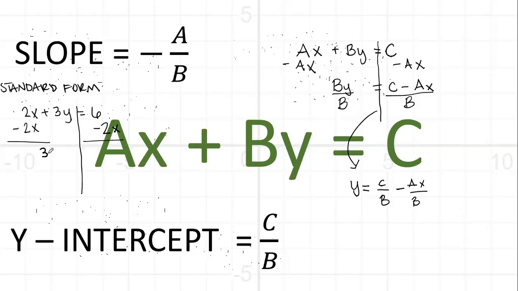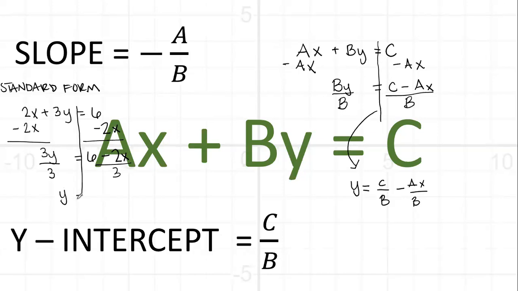That's gonna give me 3y equals 6 minus 2x. Then I gotta get rid of this 3, so I'm gonna divide both sides by 3. When I do that, that gives me y equals 6 divided by 3 is 2, and negative 2x divided by 3 is negative 2/3 x. I don't have to simplify that because it can't be simplified.